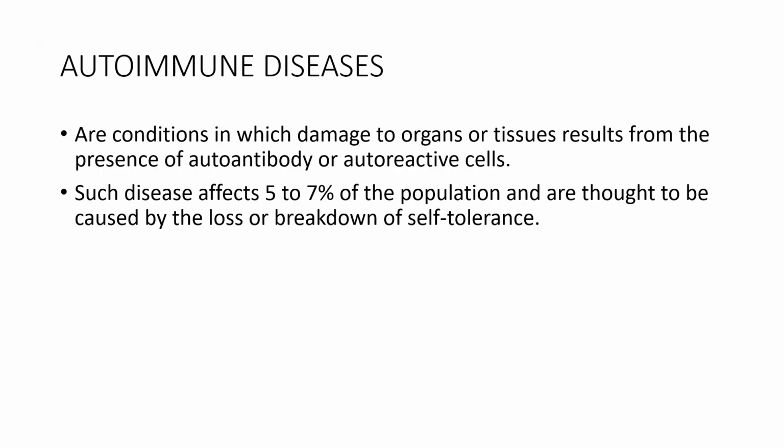So as mentioned earlier, autoimmune diseases are conditions in which damage to organs or tissues results from the presence of autoantibody or autoreactive cells. Such diseases affect 5 to 7% of the population and are thought to be caused by the loss or breakdown of self-tolerance.